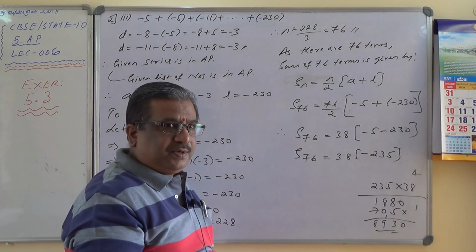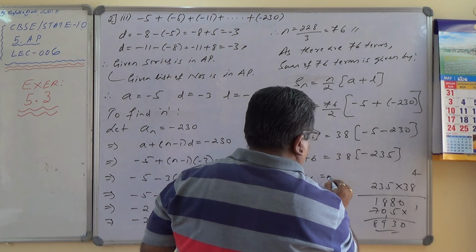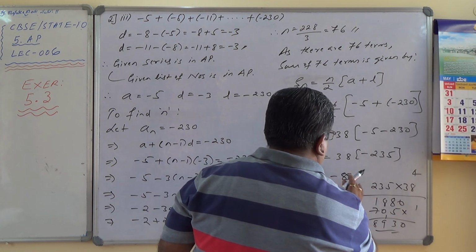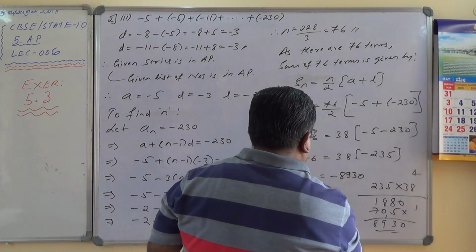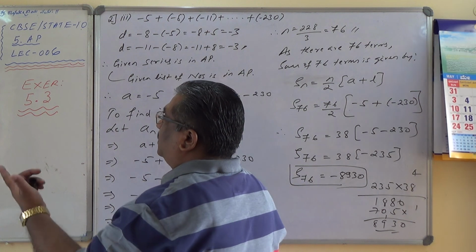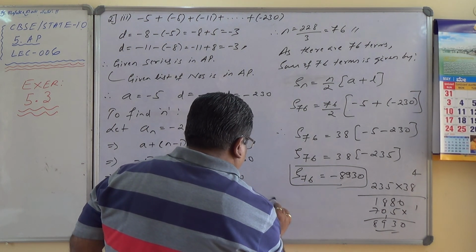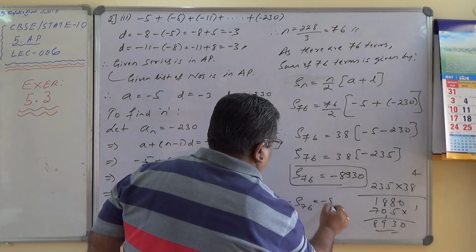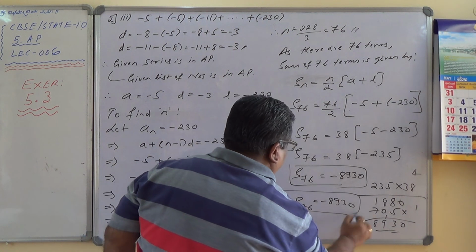Check it. How much did you get? Minus 8930. Therefore, S76 is equal to minus 8930. Minus 8930 is my answer. Therefore, what is the question asked? Find the sums given below. Therefore S76 equals minus 8930 is my final answer.